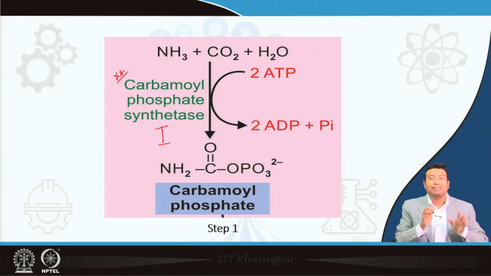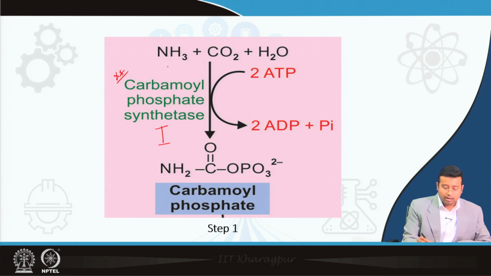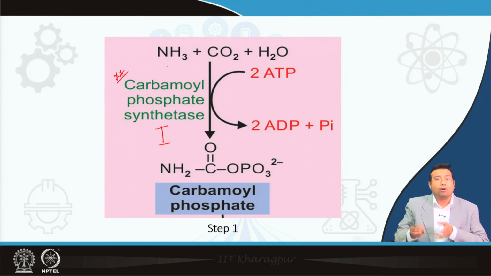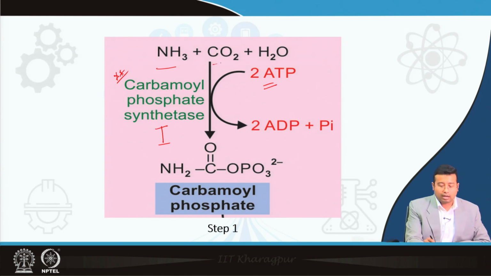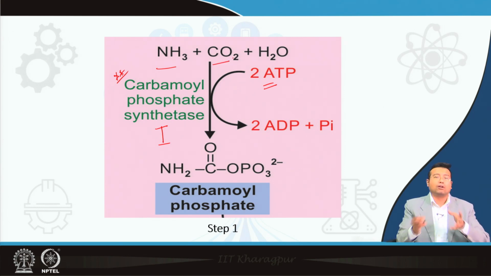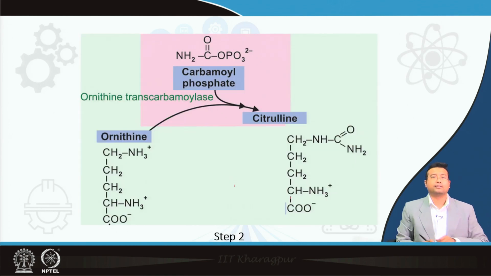But the first very important preparatory step of the urea cycle is carbamoyl phosphate synthetase 1, which utilizes 2 high energy phosphate bonds or ATP. It utilizes ammonia and carbon dioxide and water, and with the help of energy it converts them into carbamoyl phosphate, which then enters into the urea cycle.